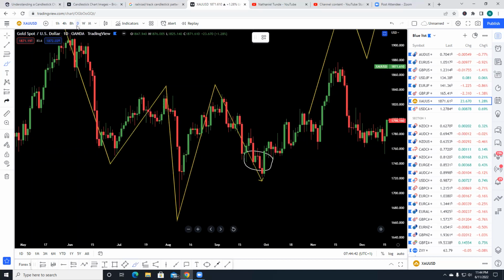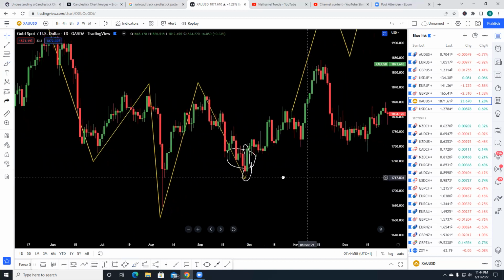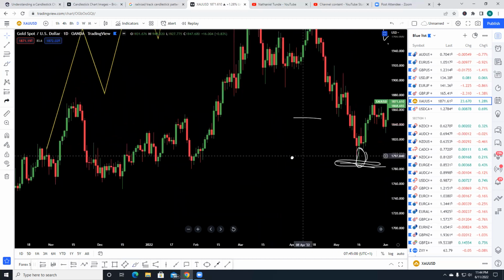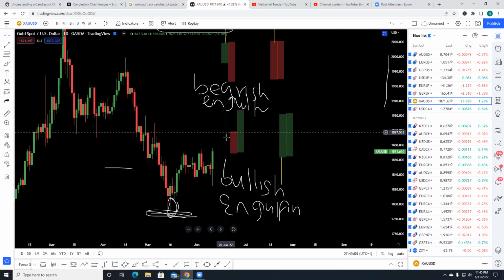This is a daily time frame. This is not your entry time frame, guys. So you have seen this on a daily. What type of candlestick pattern is this? This is a bullish engulfing.